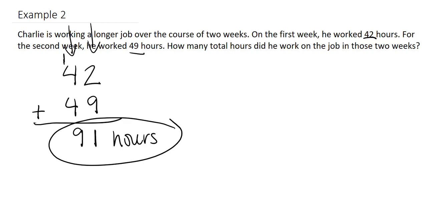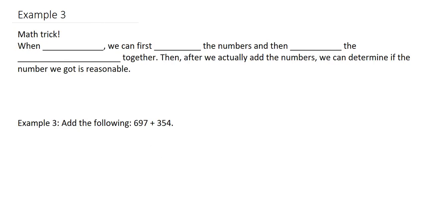Now let's look at another example. But before that, let's go over a math trick. So when adding, we can first round the numbers and then add the rounded numbers together.